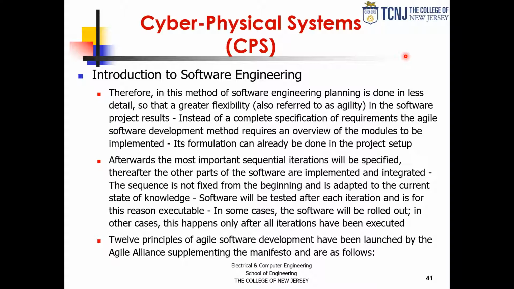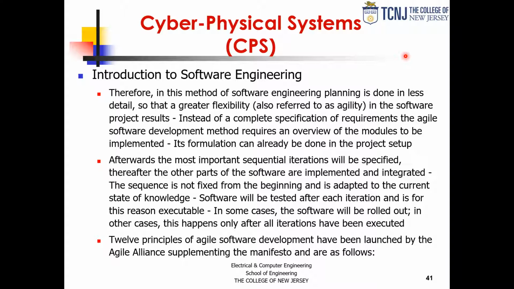What you're doing all the time relies on the state of knowledge of the team at the time. So it requires a lot of close interaction of the teams working in the software development project. A lot of communication, frequent and close communication.